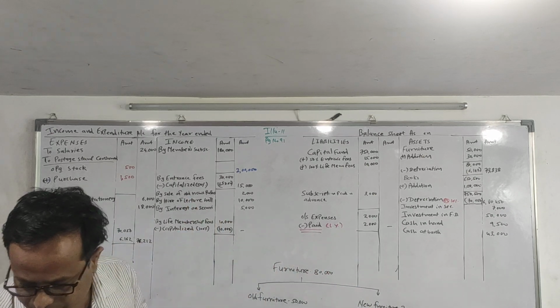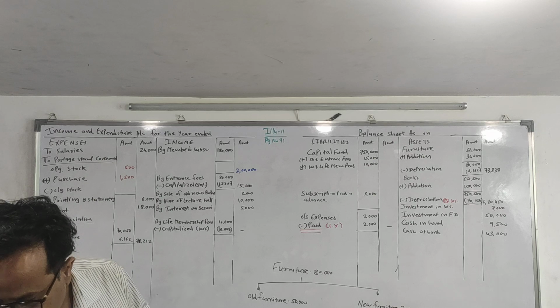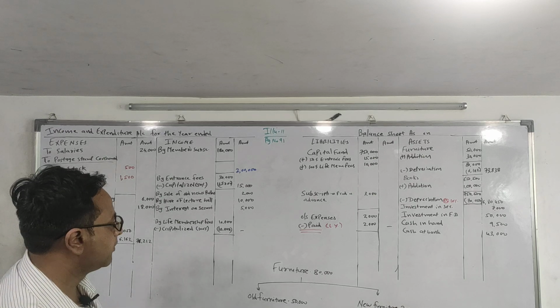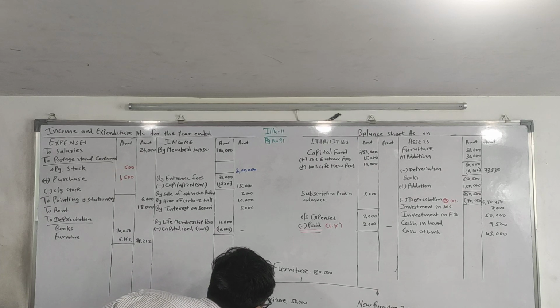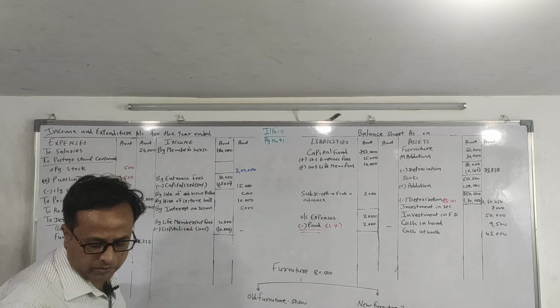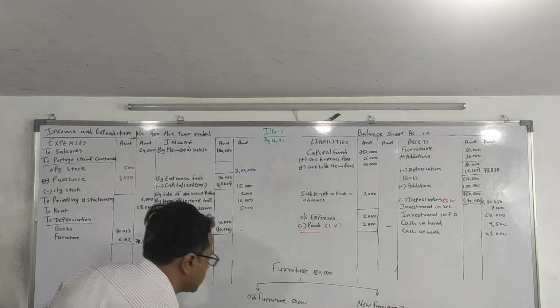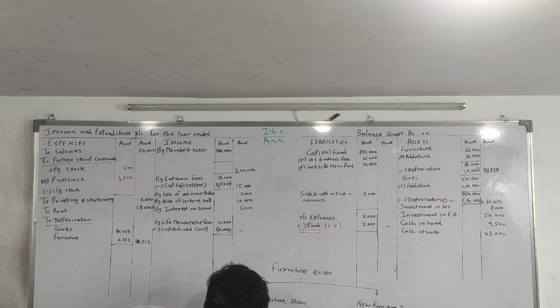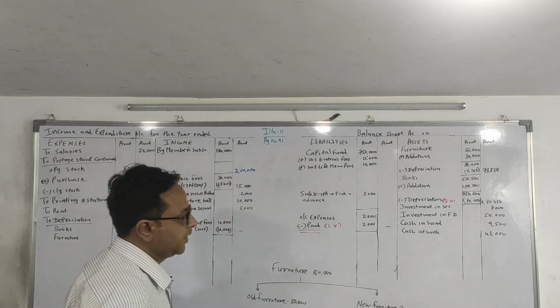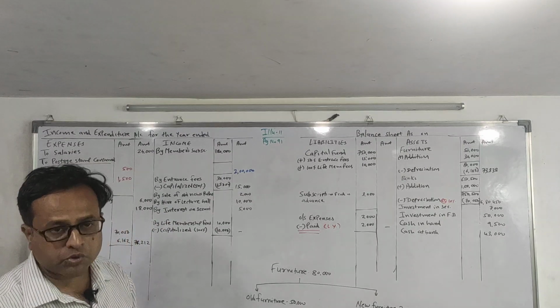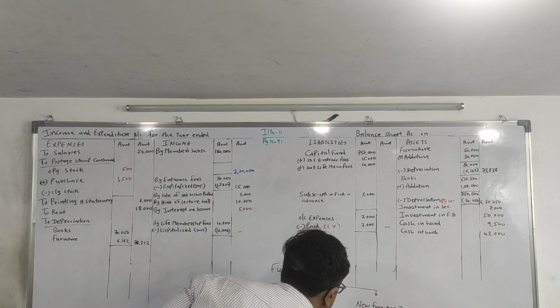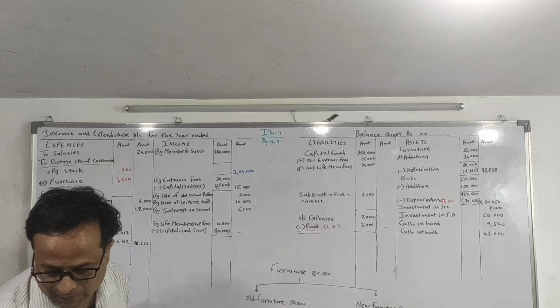So 50,000 into 8.5%, we have used it for the full year, into 12 upon 12. 50,000 into 8.5 upon 100 into 12 upon 12 comes to 4250. Here we have purchased furniture on 1st of July, so we will count from 1st of July. It comes to 9 months. So we have to calculate the depreciation for 9 months.